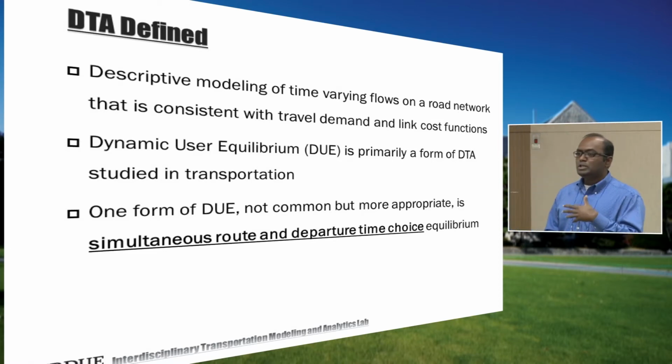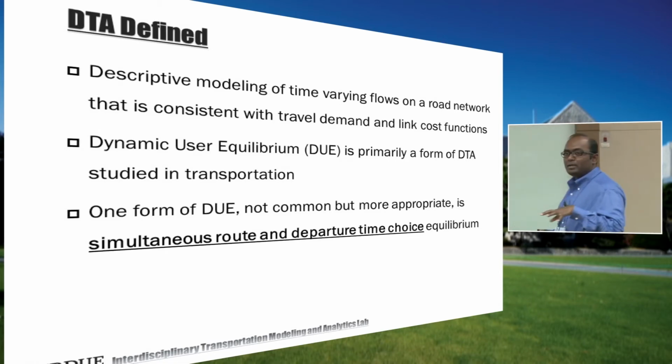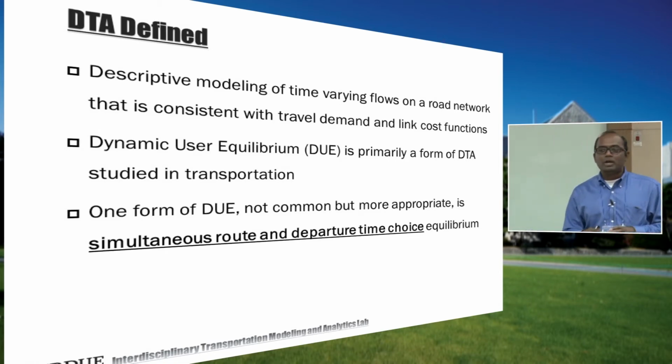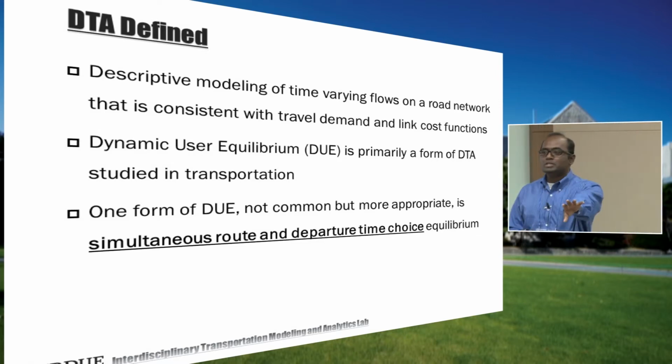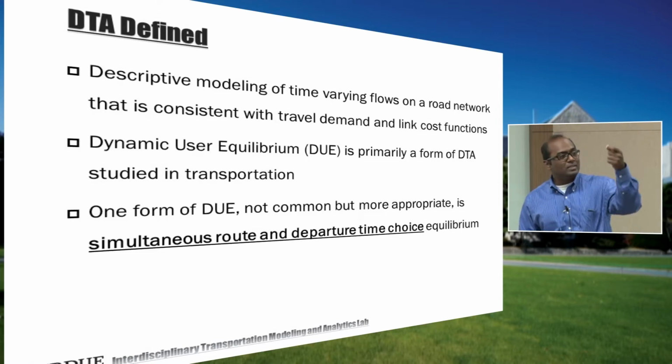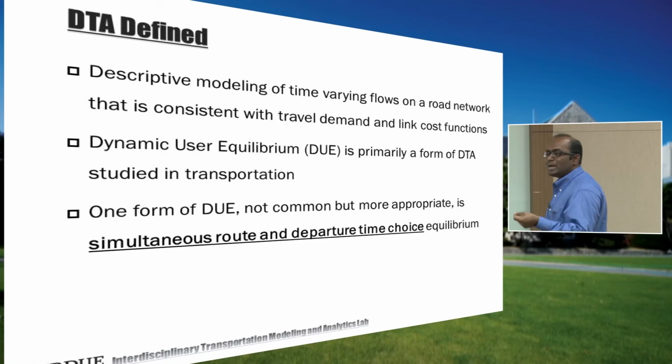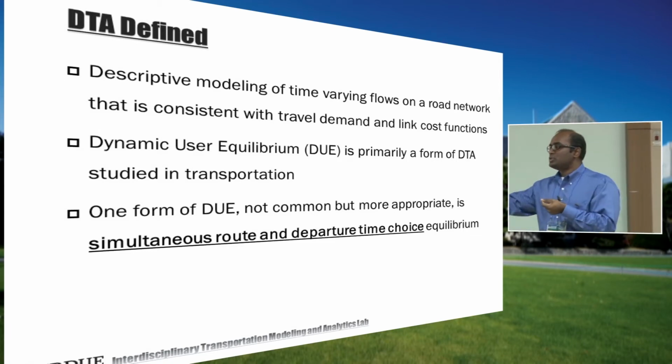A person not only chooses routes, but a person chooses when they want to leave home, because some people have experience, right? You might want to take a particular mode of transportation or a particular path, but you might say, no, I don't want to leave at this time because I know it's going to be congested. I'm going to wait 5 minutes or I'm going to wait half an hour. So you have this degree of freedom to choose the departure time as well in addition to the path.